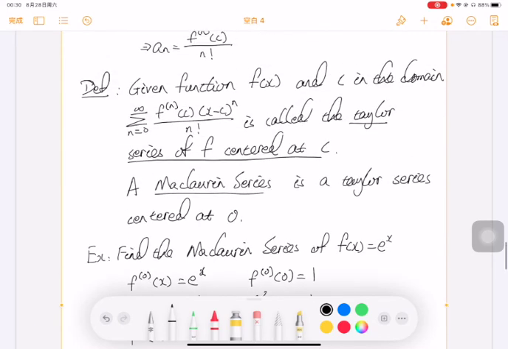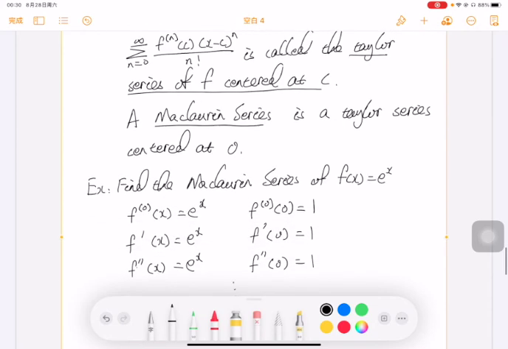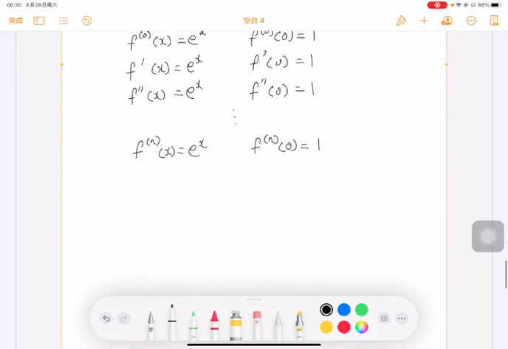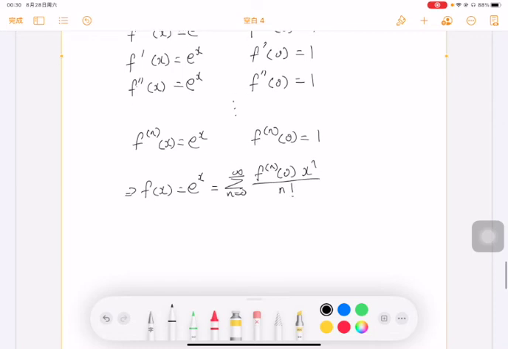So we just plug that into our expression here with c equals 0 and the derivatives being 1. So we get f of x, that's e to the x. Remember that the expression is the sum from n equals 0 to infinity of the nth derivative at 0 times x to the n divided by n factorial.